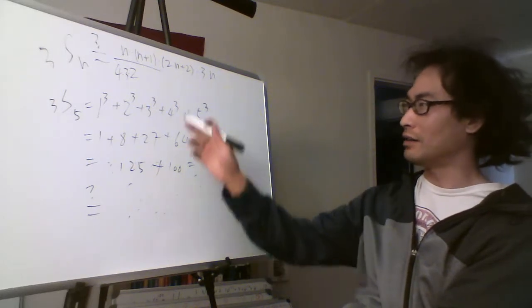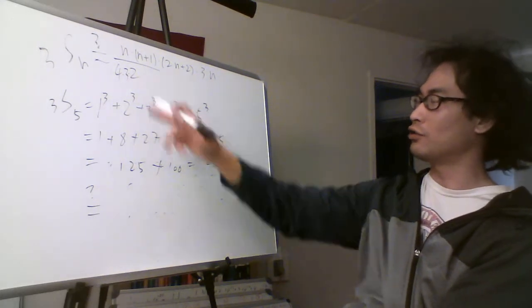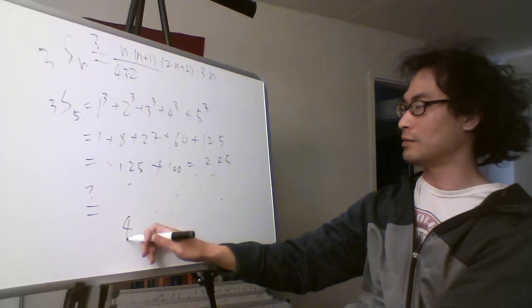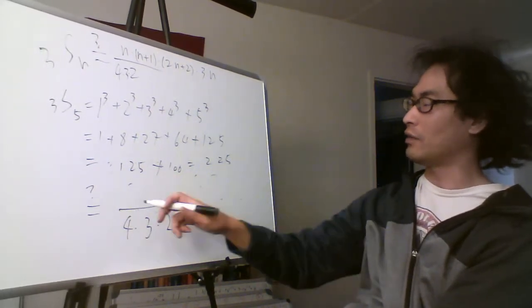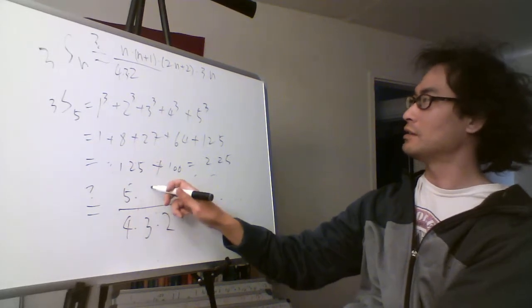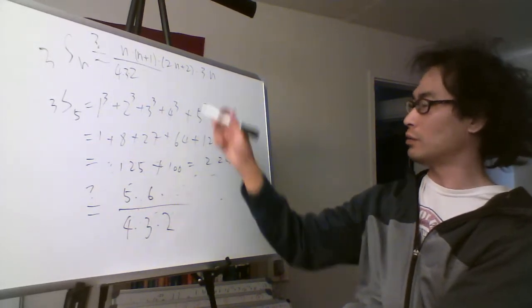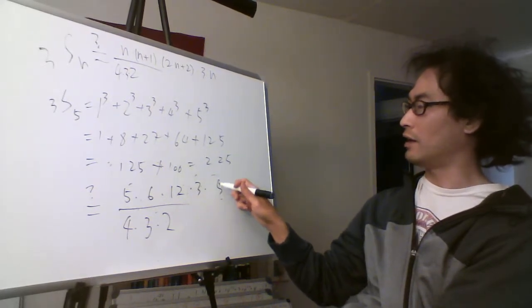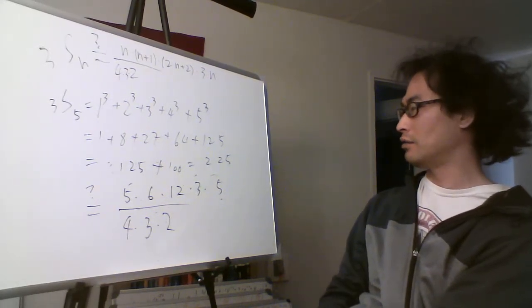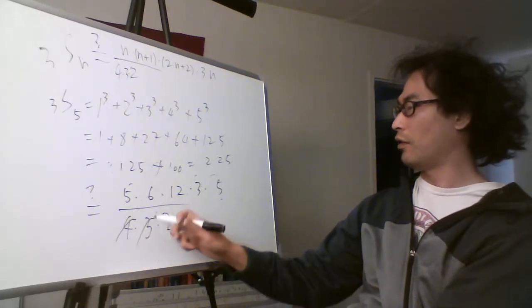Okay, so yeah, we understand the third cube case. So yeah, it is 4 times, 3 times 2. Okay, it's just that n is 5. Okay, so 5 times, 6 times, twice of that, 12 times, 3 times, what, 5? Is this correct? Let's see. 4, 3, 12.